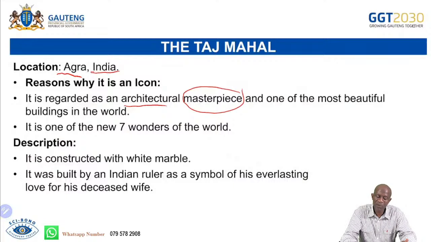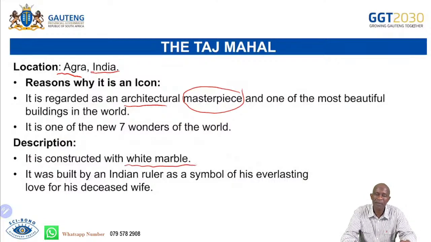So another reason why it is an icon, it is one of the new seven wonders of the world. So it is a wonderful piece of architecture created in India, in the city of Agra. And it is one of the seven wonders of the world. If you are to describe it, it is constructed with white marble.